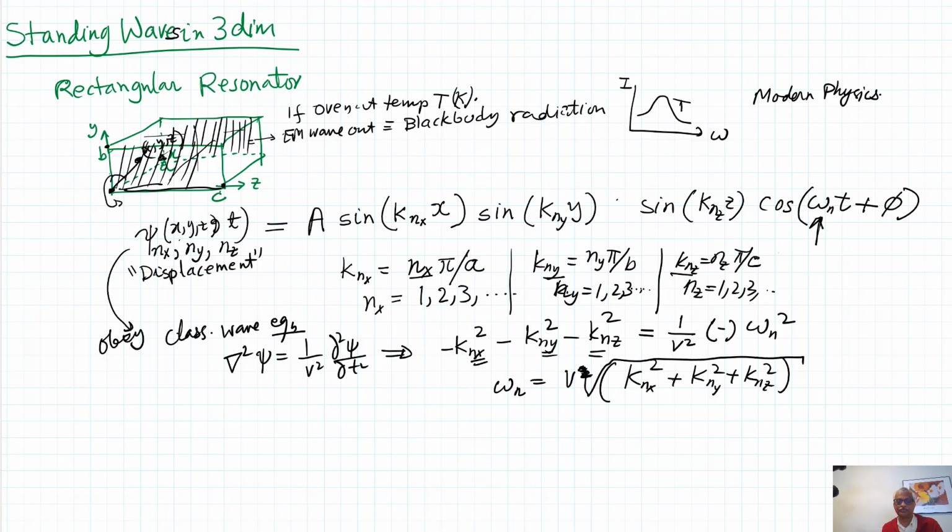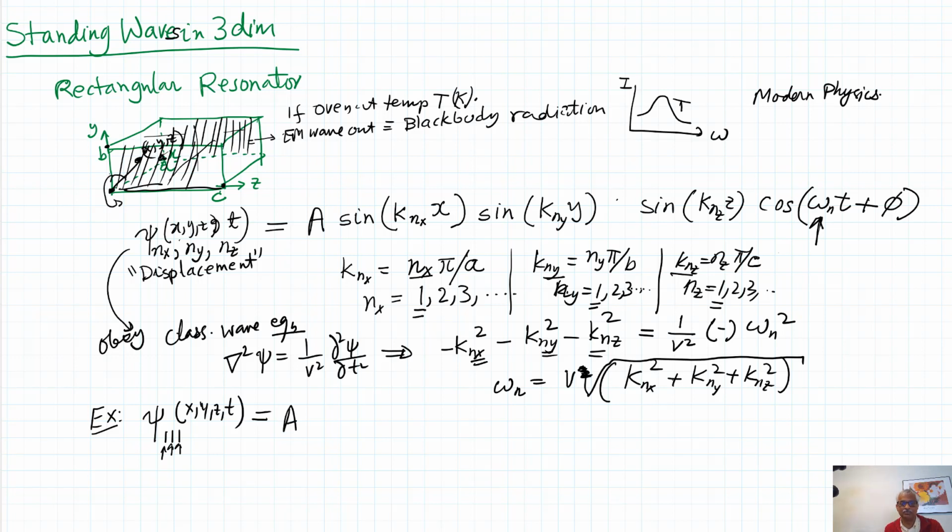Let's look at an example, say I'm in mode 1 here, 1 here and 1 here. So we'll have a mode psi 111, labeled by x, y, z, t.